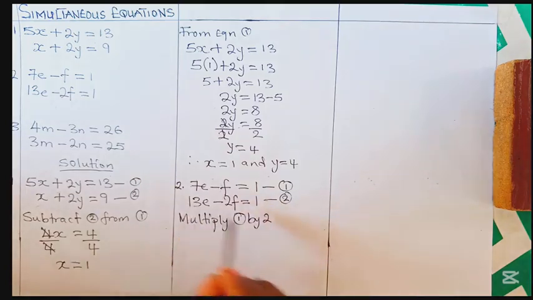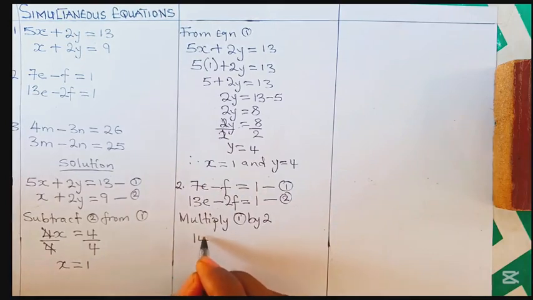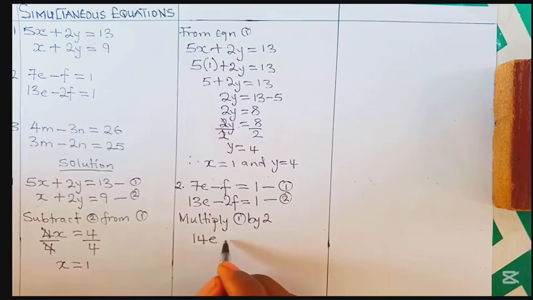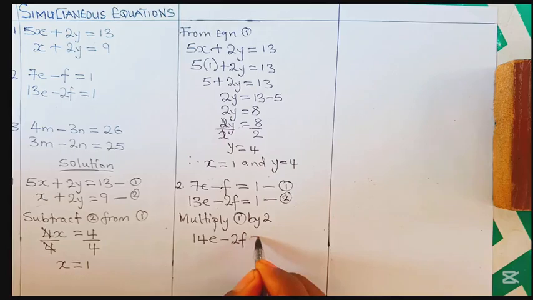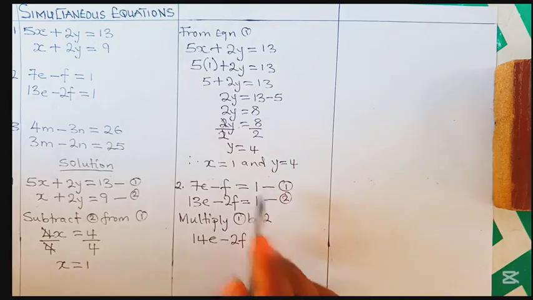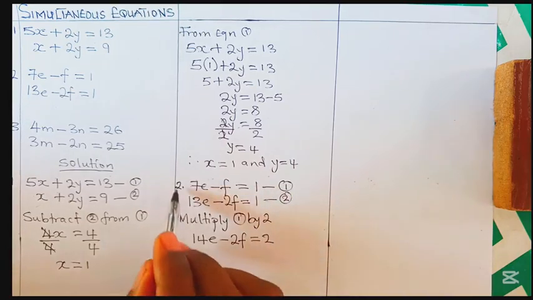So that we have 2 times 7e, 14e, minus 2 times f, we have 2f, which is equal to 2 times 1, we have 2. Remember, you have to multiply throughout.